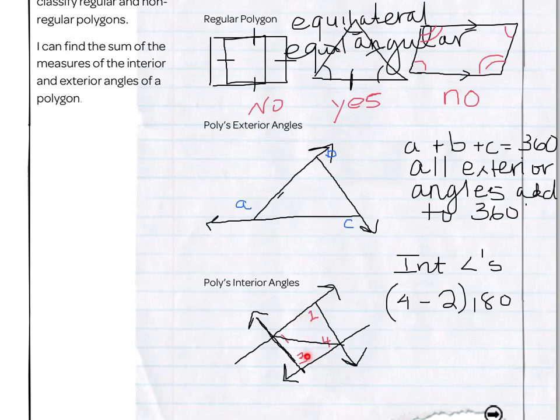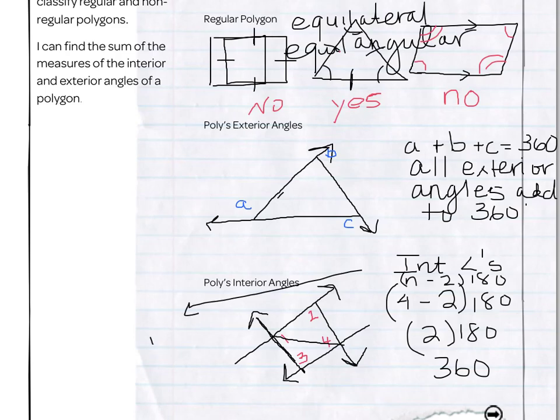So that's going to give us (4 minus 2) times 180, which is going to give us 360. And that's right, because 360 degrees is inside. So that actually breaks down to being n minus 2 times 180, where n is the number of sides.